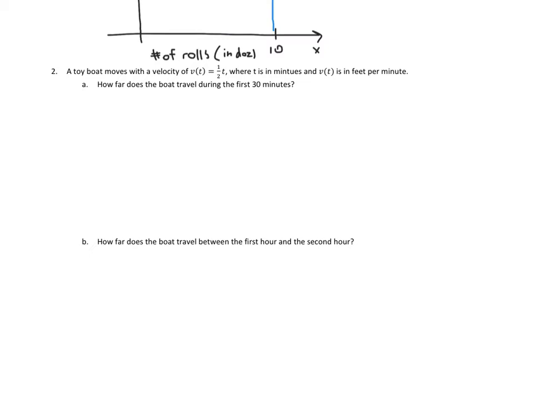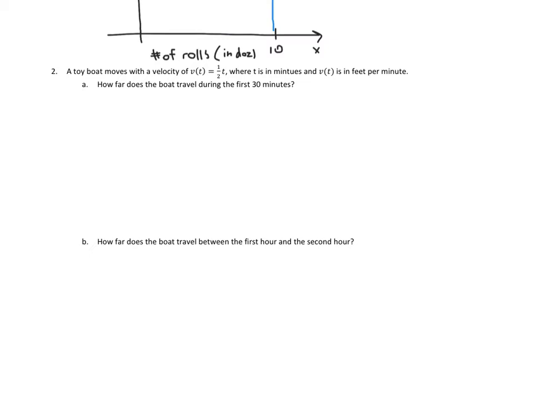In the next example, we have a toy boat that moves with a velocity of v of t equals 1/2 t, where t is in minutes and v of t is in feet per minute. We want to know how far the boat travels during the first 30 minutes. So we're given the velocity function, which we can think of as the derivative of the position function.